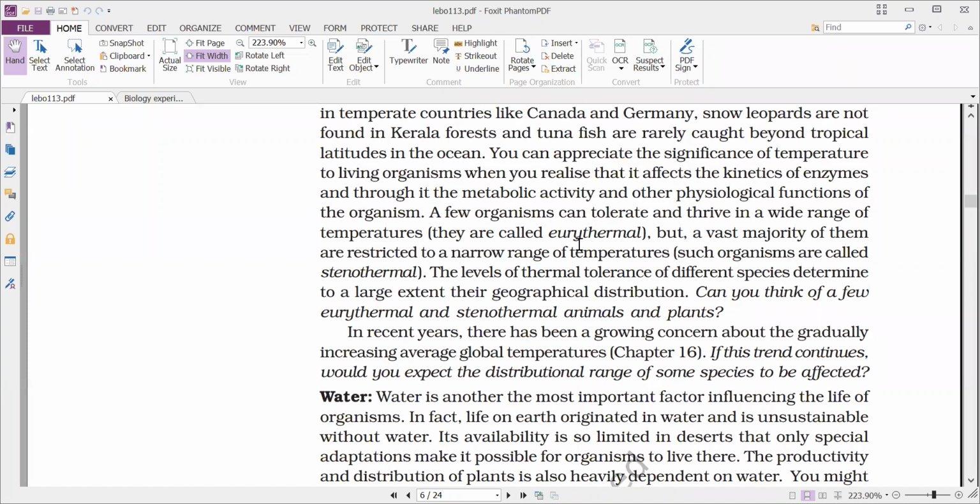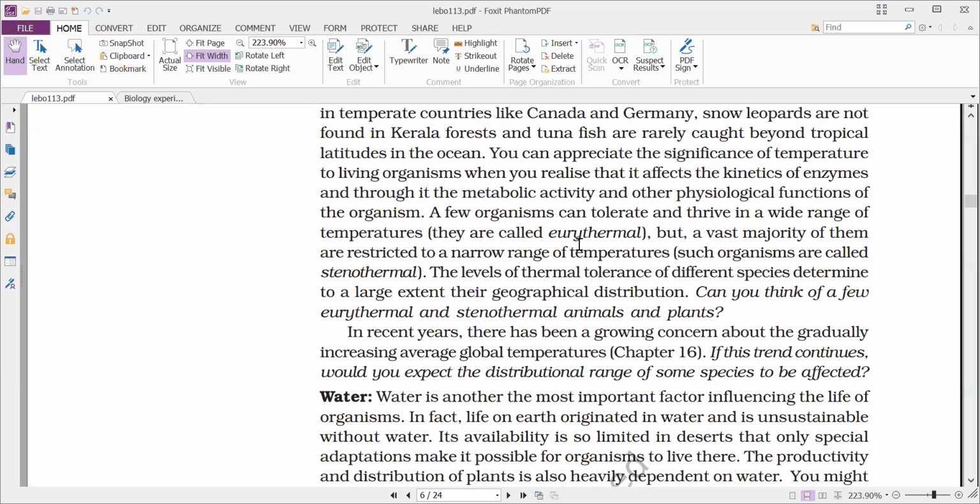Can you think of a few eurythermal and stenothermal animals and plants? Most birds and mammals come under the eurythermal, whereas the invertebrates and the lower groups of vertebrates, that is fishes, amphibians and reptiles, mostly fall into the stenothermal.